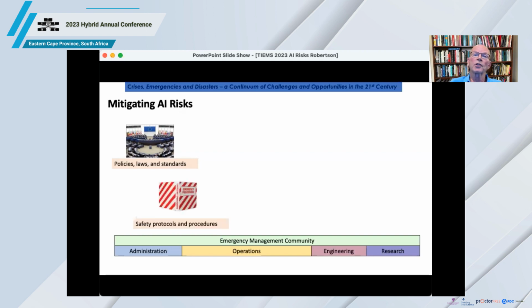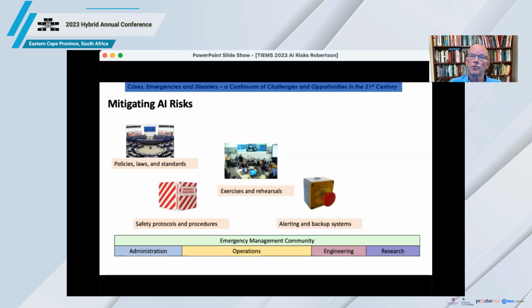Safety protocols and procedures are something that operational emergency management folks and people familiar with AI can get together on to circumvent some of the problems that may occur. Exercises and rehearsals are an important tool in emergency management, and incorporating the failure modes or potential downsides of AI in these exercises and rehearsals can be an important way to circumvent them.